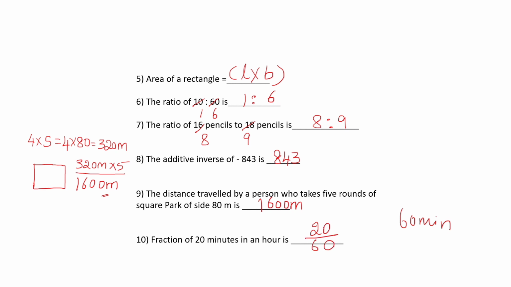Here we can simplify this fraction by dividing both numerator and denominator by their greatest common factor, which is 20 itself. So 20 one time is 20 and 20 three times is 60. So here the answer is 1 by 3.